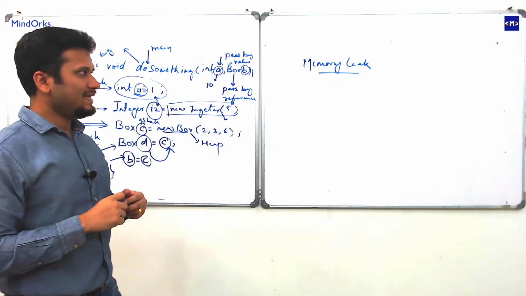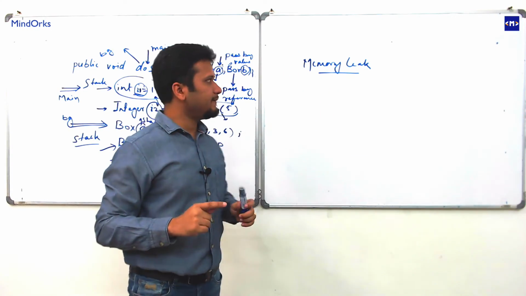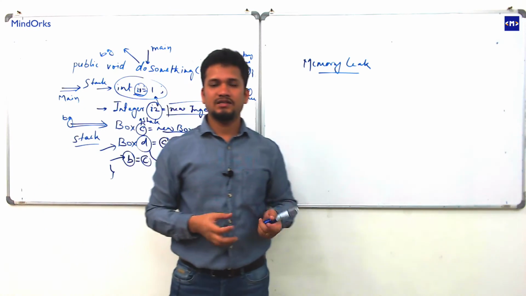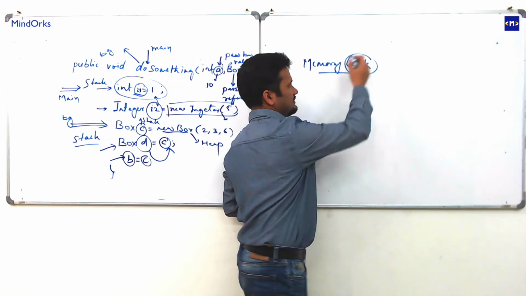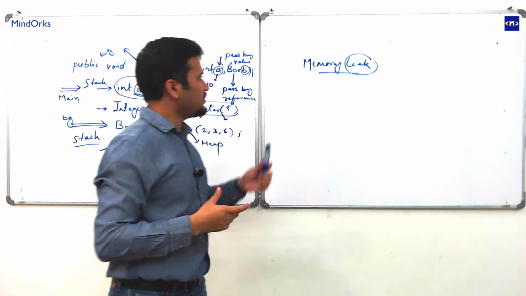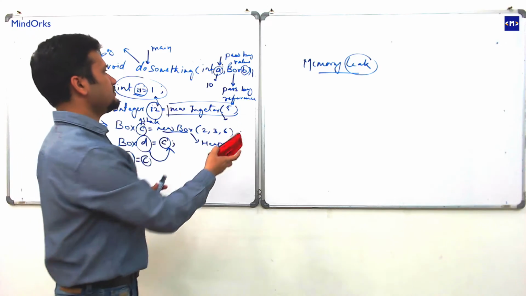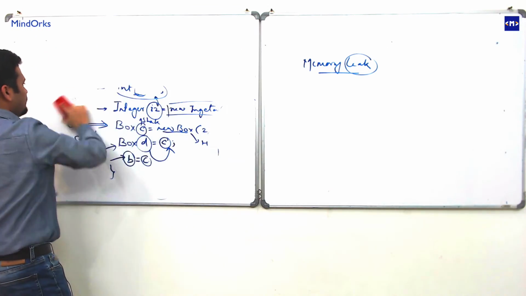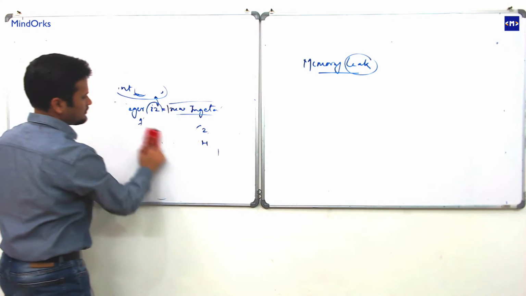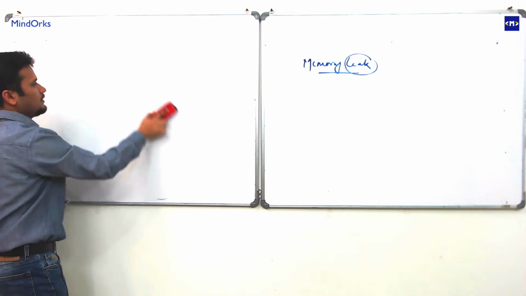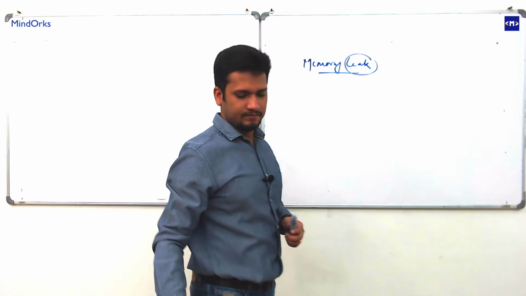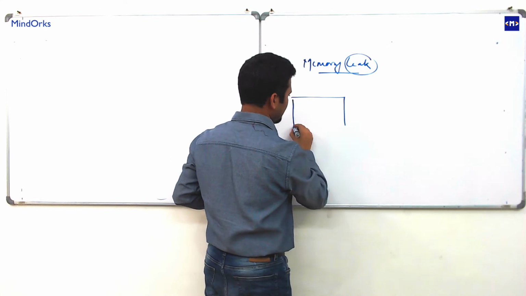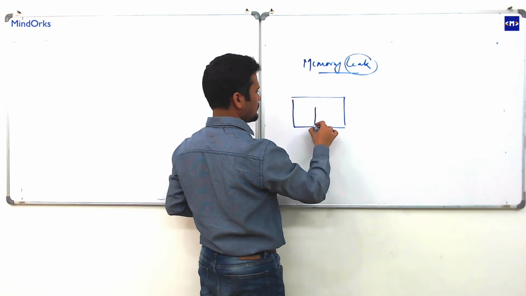Now we'll take memory leak. Memory leak is very important for Android because you have limited memory, as you saw. If something is leaked, first you need to understand the meaning of a leak, then only can you appreciate the management of your code to reduce memory leaks. So suppose you have your RAM and this is your application.